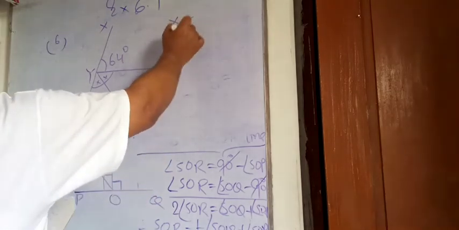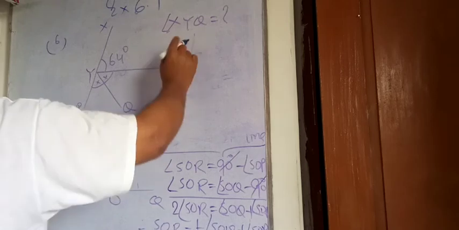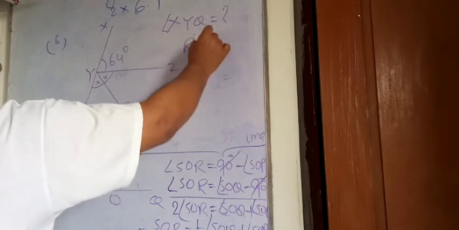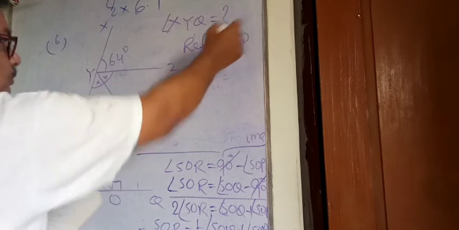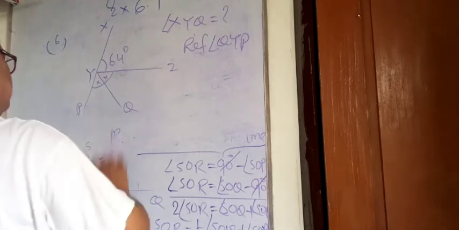Find XYQ. We have to find out XYQ, and the next thing is reflex QYP. Reflex QYP, we have to find out these two angles. So let's see what way we can solve this problem.